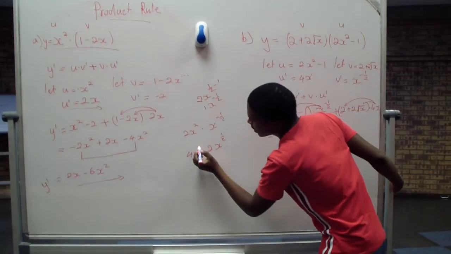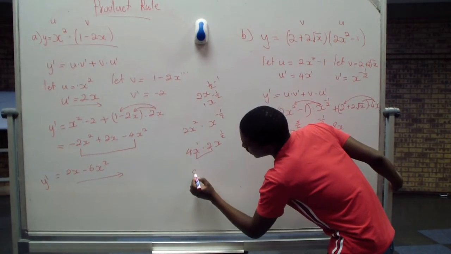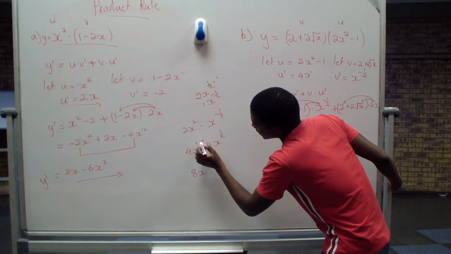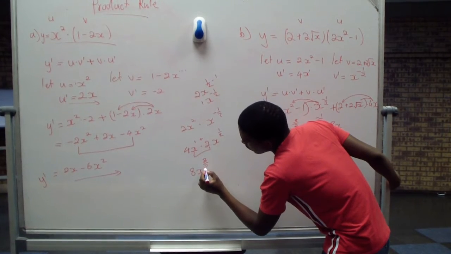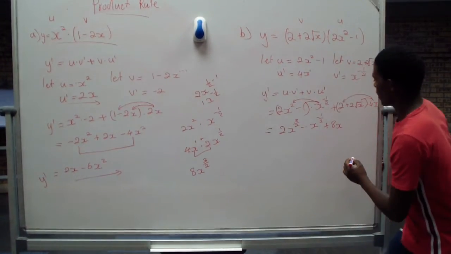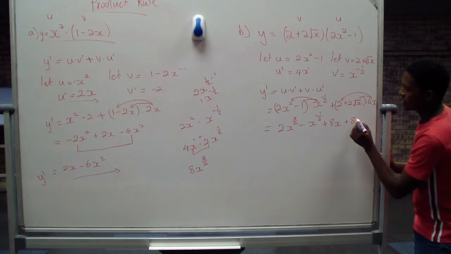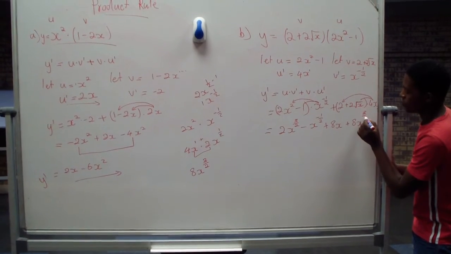So I will say this multiplied by this, I will have 8x. 1 plus half, I'll get a positive 3 over 2. Then I'll say plus 8x to the power 3 over 2.